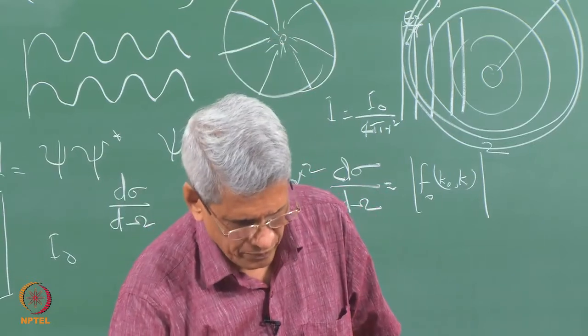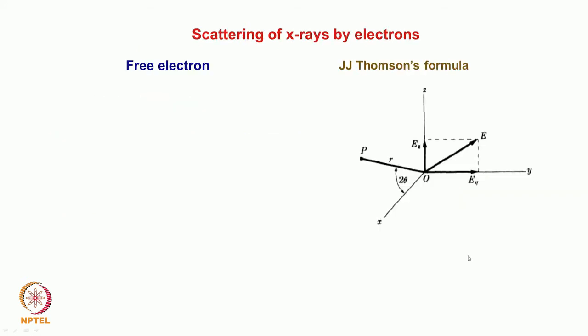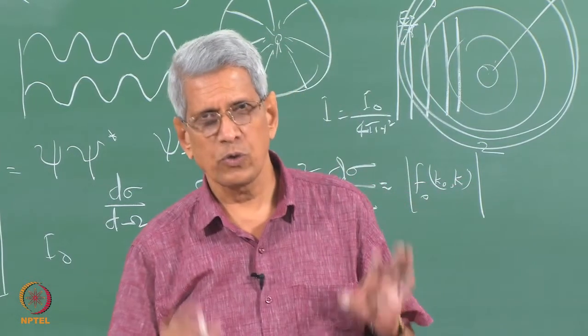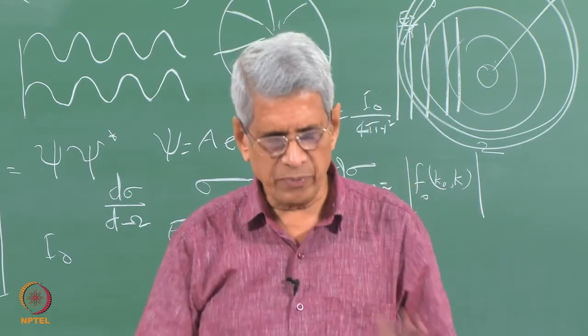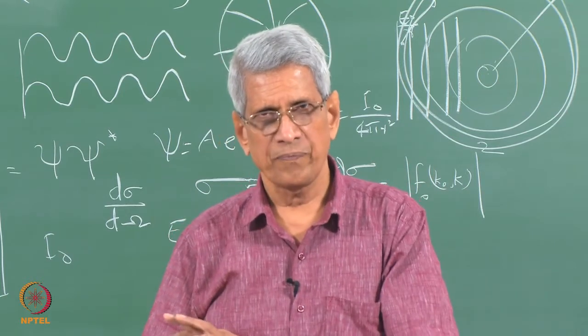Another is that in some materials density variation can occur, which gives rise to some small angle scattering. This is not very important for the scope of this lecture, so I will not go into the detail. Generally, three types of probes are used: X-rays, electrons and neutrons.